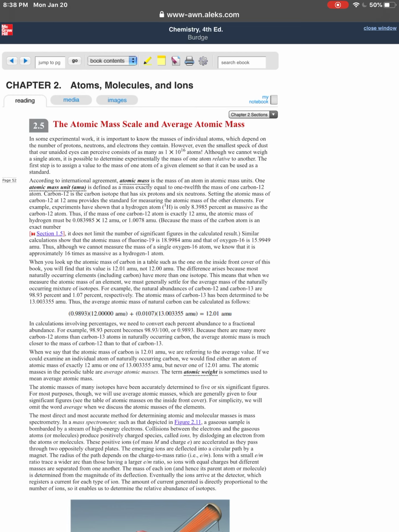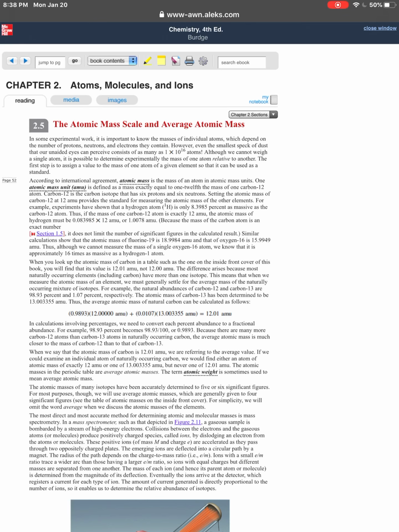So the calculation is shown here in the middle of this page. It turns out that for carbon, which is the example given here, 98.93% of carbon is carbon-12, so it weighs exactly 12 AMU. And 1.07% of carbon in nature, or at least on the Earth, is carbon-13, and it weighs more, 13.003355 AMU.